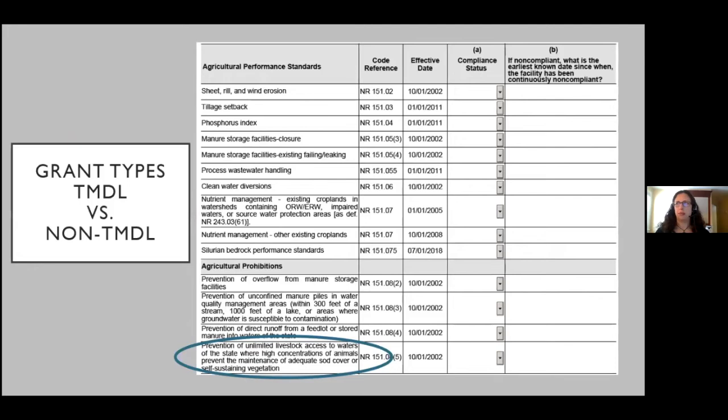So here's a list of the agricultural performance standards and prohibitions from one of the TRM grant applications. Listed at the bottom is the agricultural prohibition of unlimited livestock access to waters of the state where high concentration of animals prevent the maintenance of adequate sod cover or self-sustaining vegetation.